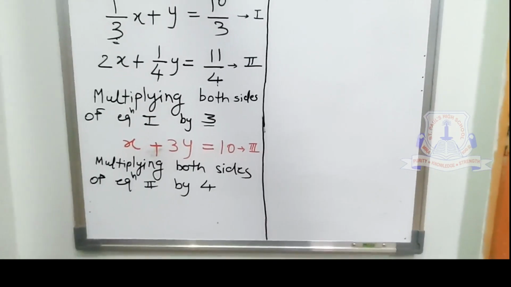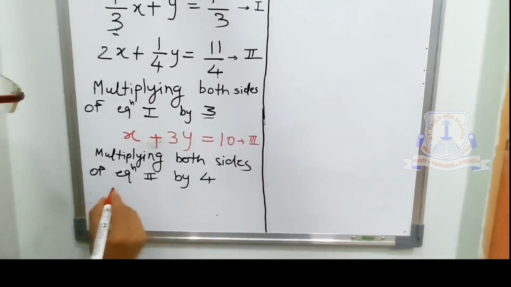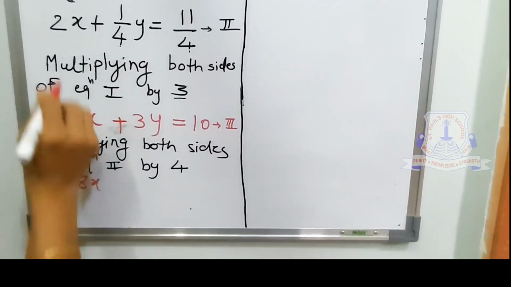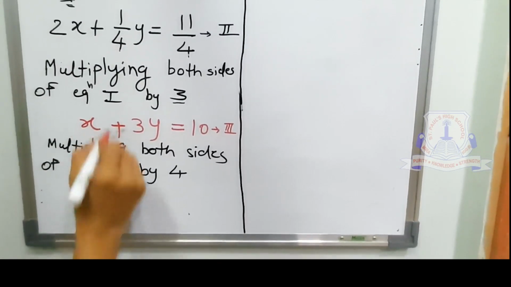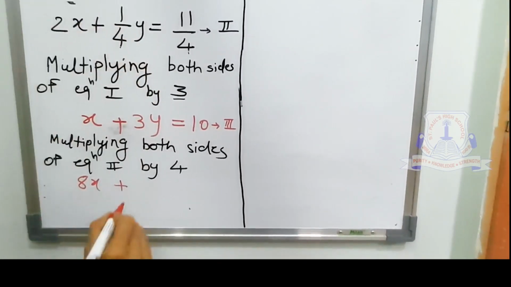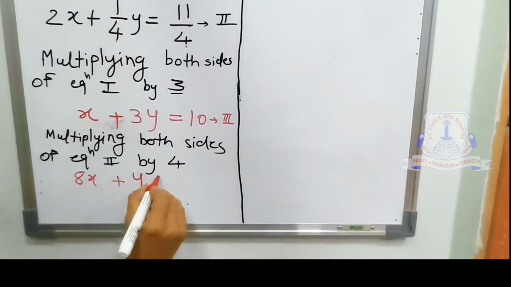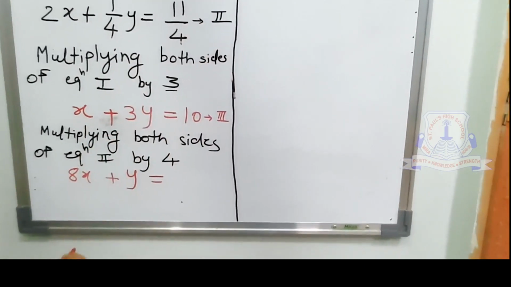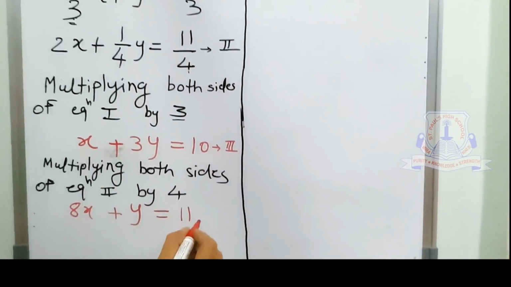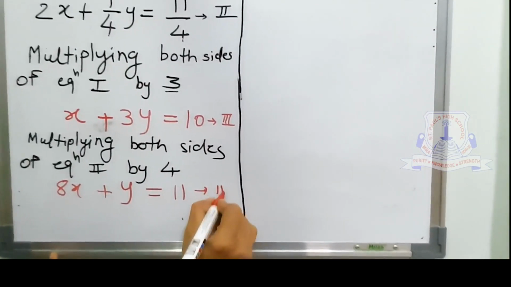If 2x is multiplied by 4, you will get 8x. Here 1 upon 4y is multiplied by 4, so 8x plus 4 and 4 will get cancelled, only y equal to 11 upon 4 multiplied by 4, 4 will get cancelled, 11. Equation number 4.